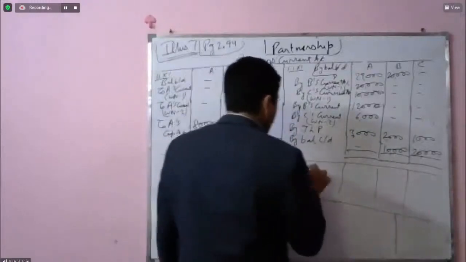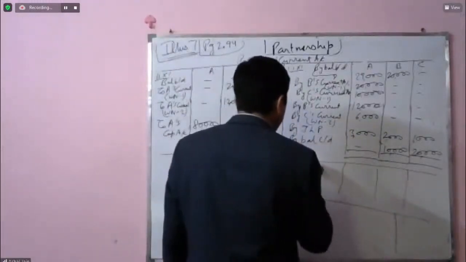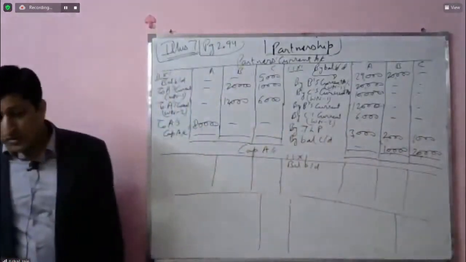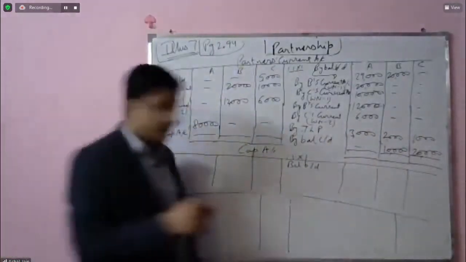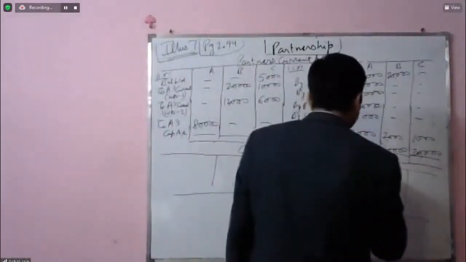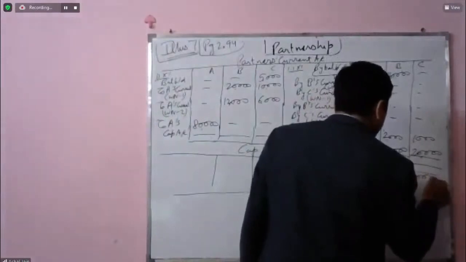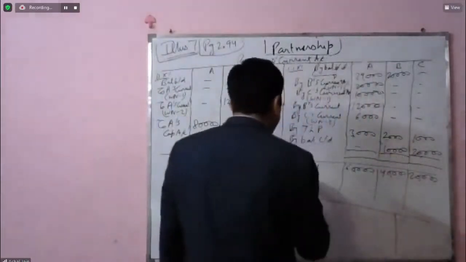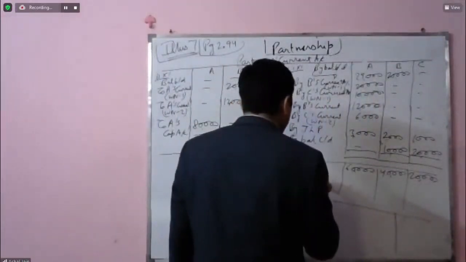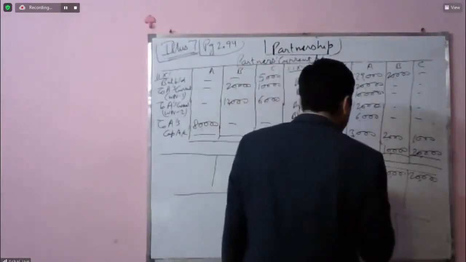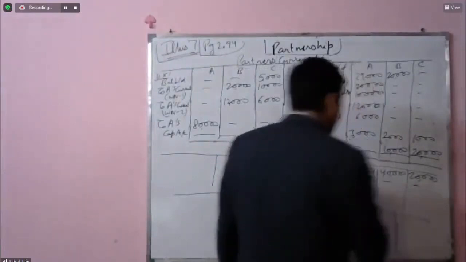This was balance brought down 1st of January X1. The balance brought down was 60, 40, 20. And this balance will increase by A's current account. 80,000 has got increased over here.